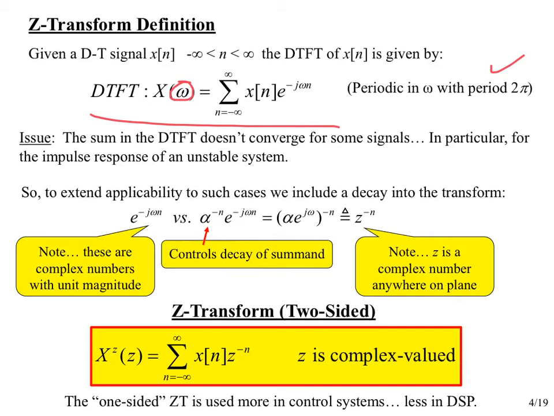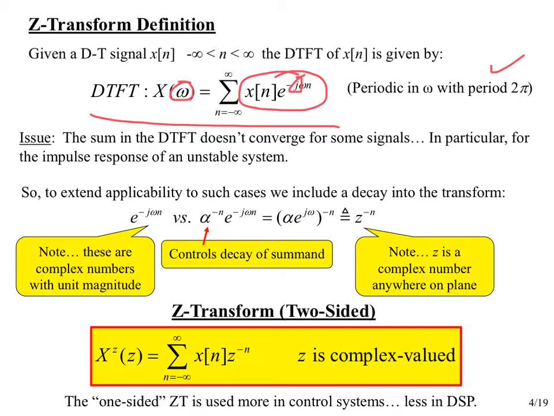So we see that we have an infinite sum, and these are the terms that we'll be summing up. If you remember from your Calc 2 days, anytime you have an infinite sum, the very first question you need to ask is, does this actually converge to something? In our case we want it to converge for every value of omega. Notice that for each value of omega, we have a different infinite sum to sum up.